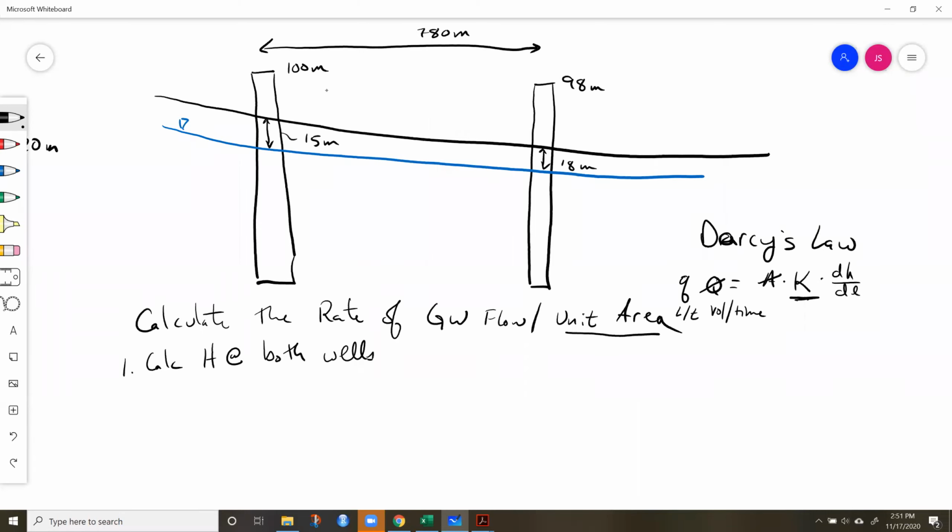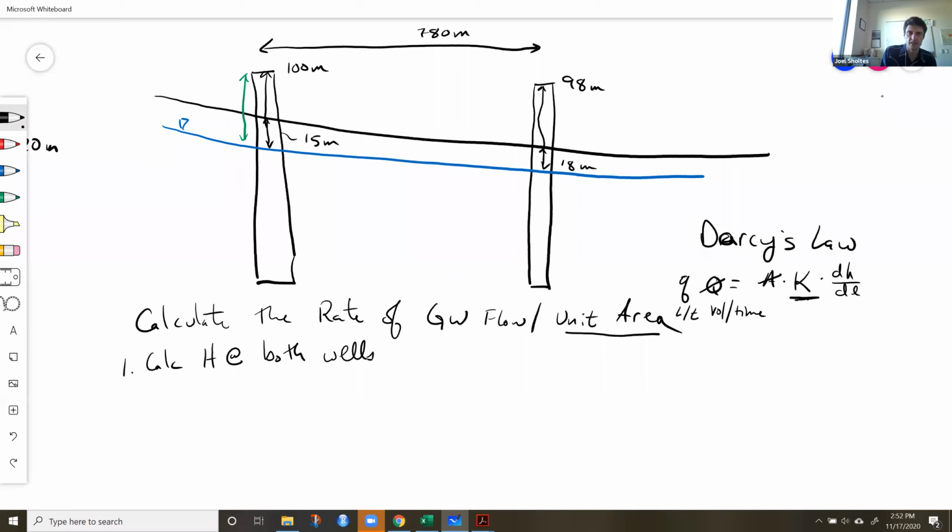We try to do like the difference between the height to the water and the second one to the water. Yeah, so we're just going to take that. So head has units in elevation, and we need to be able to compare. We can't compare 15 to 18 because these well casings have different... Sorry, I didn't write that correctly. This should be 15 and 18.